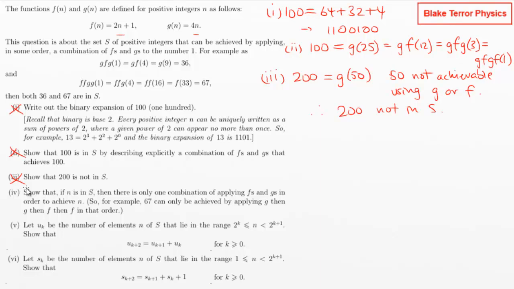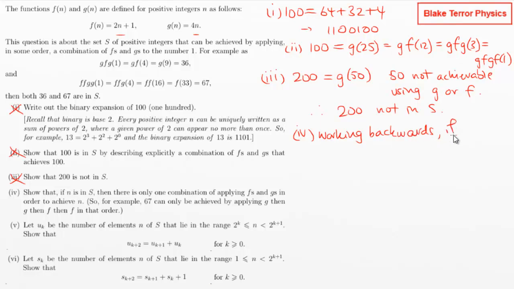Part 4, show that if n is in S, then there's only one combination of applying F's and G's in order to achieve n. So, for example, 67 can only be achieved by applying G, then F in that order. Yeah, well, this is pretty much what I've just been doing. Right, they're asking the same thing over and over here. So working backwards, there's only one route.